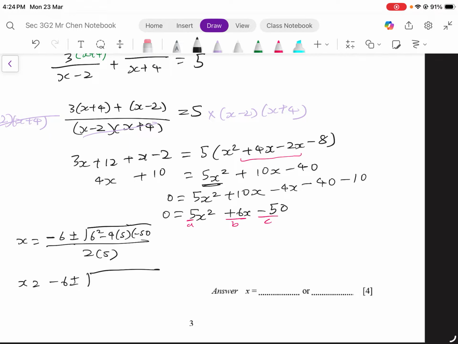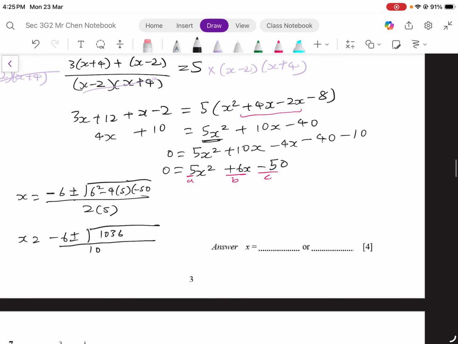Okay, calculate the ones under the root: 36 plus 4 times 5 times 50 is 1036, divided by 10. Right?